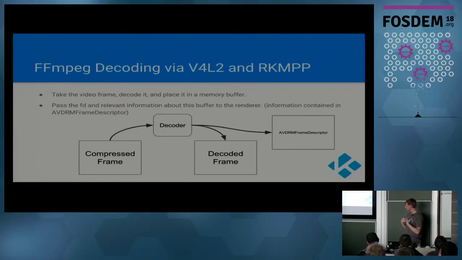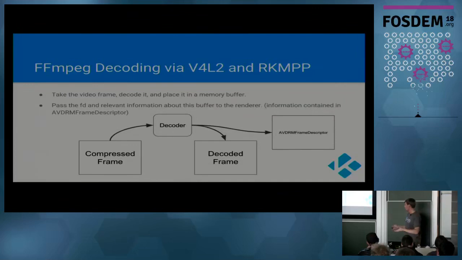And using this AV DRM frame descriptor, we get back, FFmpeg puts the decoded frame in a memory buffer, and it stays in that memory buffer for good. So what we actually get back from FFmpeg is this AV DRM frame descriptor, which contains a file descriptor for the memory location of the decoded frame, and just some other information about that frame, like the size and the pixel format and whatnot.